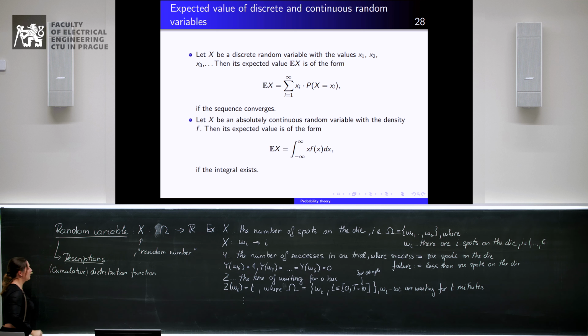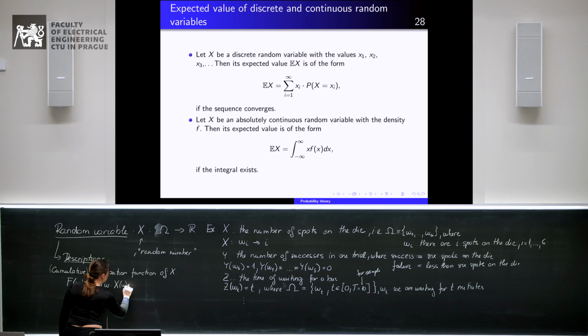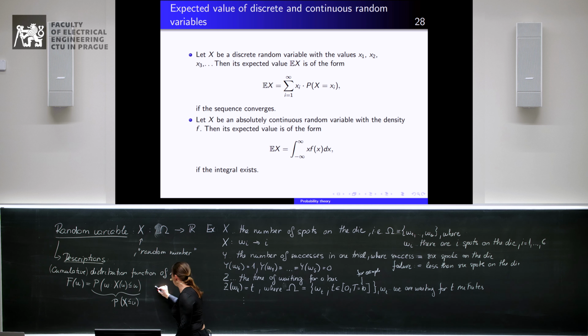Sometimes I will use only the term distribution function, which is the function of a real variable u, given by the description that it is the probability of such events whose images are less or equal to u, or just briefly, the probability that the random number is less or equal to u, for all u from the real numbers. And it is the general description for all random variables.